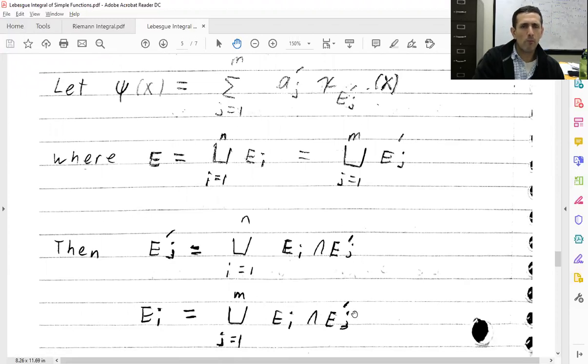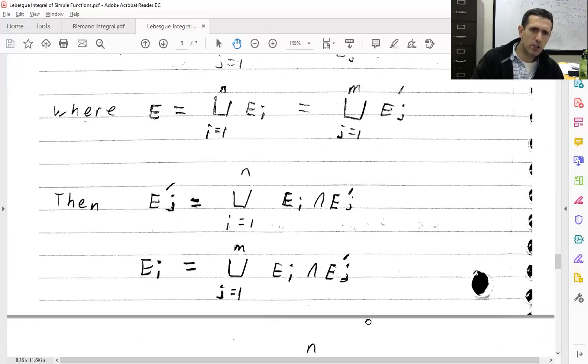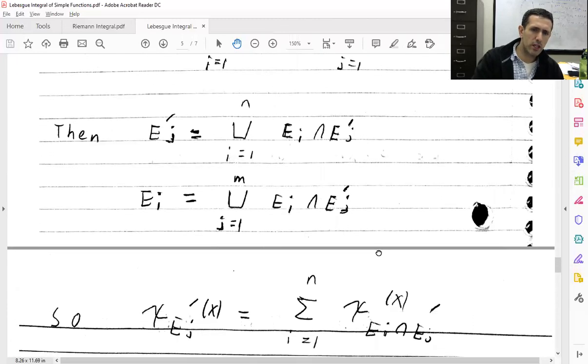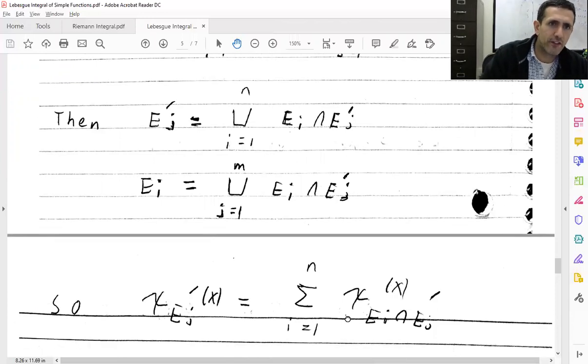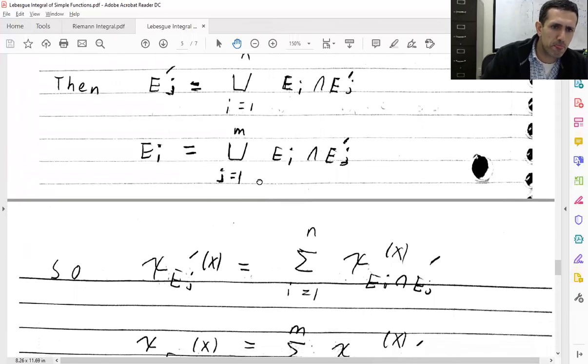Okay. And of course, because we're writing the canonical decomposition of my simple functions, all these sets, the E_i's and the E_j primes, are a subset of E. Okay, so what this means is that we have the following decomposition of characteristic functions. That's just trivial from the definition of characteristic function, and the fact that these are disjoint unions.